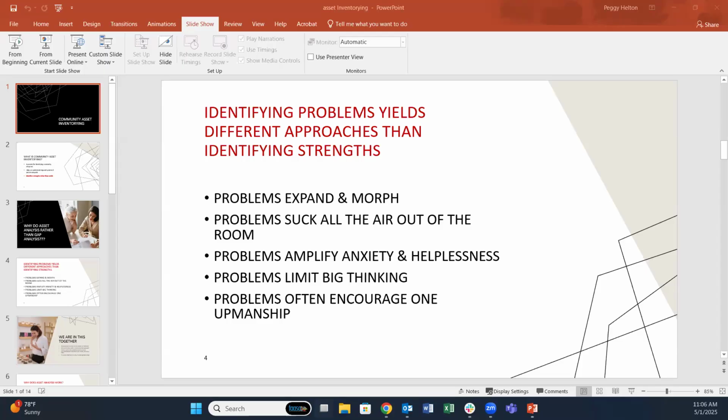problem-driven. Problems, I think, also limit big thinking. If you keep bringing things back to the problem silo, you never tend to get outside of that. And when you're talking about big groups within a community, I think problems do encourage one-upmanship. There's a lot of, you think you have it bad, let me tell you how bad we have it.